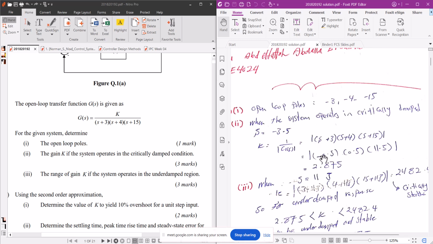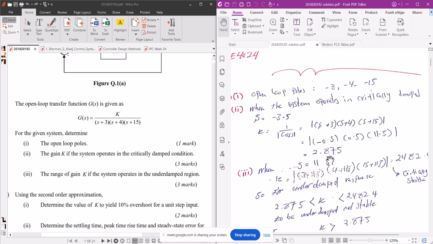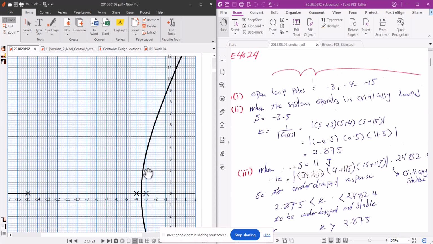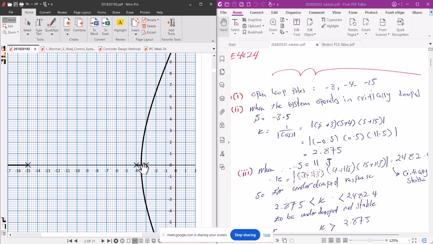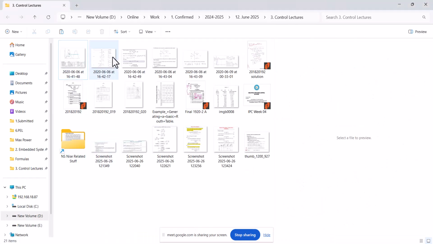You have to multiply all those, and the minus sign will get cancelled because of the absolute value. You will get 2.875. So this is the gain. 2.875 is the gain at which you will get your critically damped system, and your response will be critically damped, like this one.